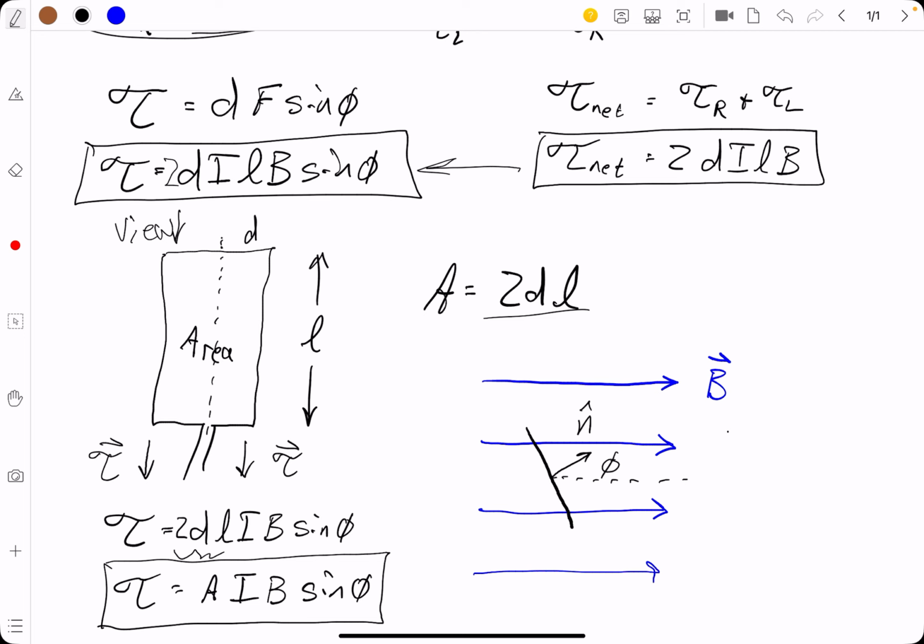If we're looking top down, this side would have current going into the page. This side has current coming out of the page. So, boom, boom, boom.